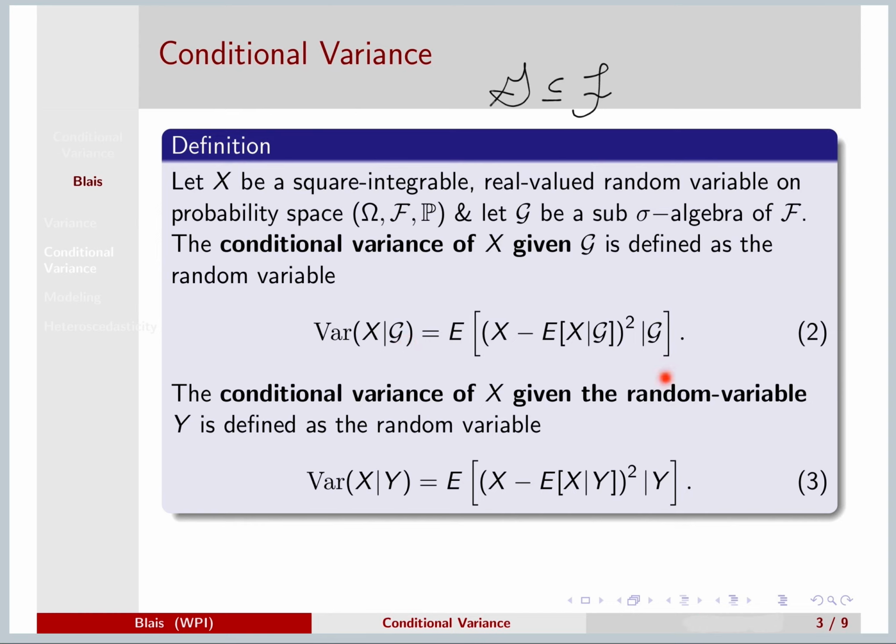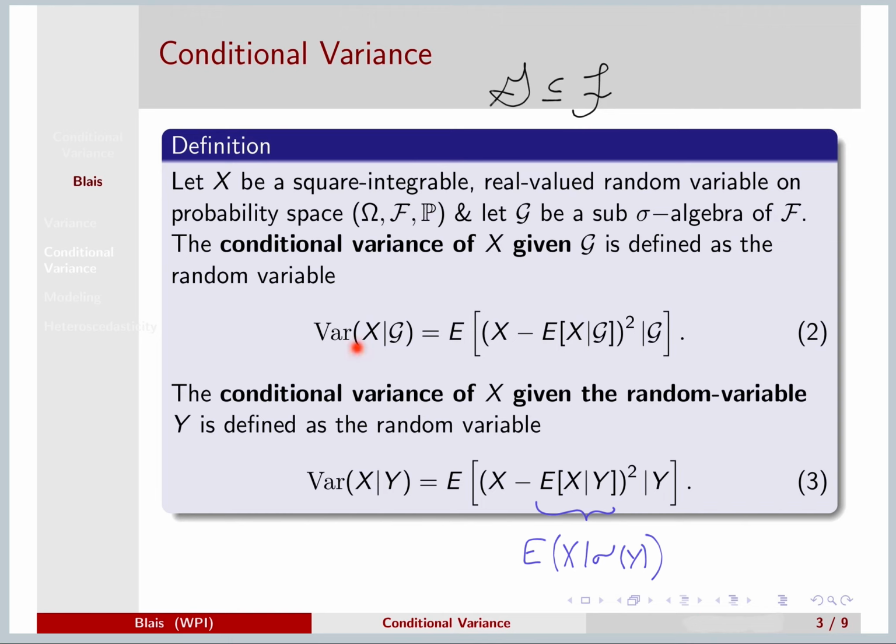We can take that idea and extend it to the conditional variance of X given the random variable Y by replacing the G's with Y's, and recall that this type of expectation is really shorthand for the expectation of X given sigma of Y, where sigma of Y represents the smallest sigma algebra generated by the random variable Y. But again, the key thing to remember here is information.